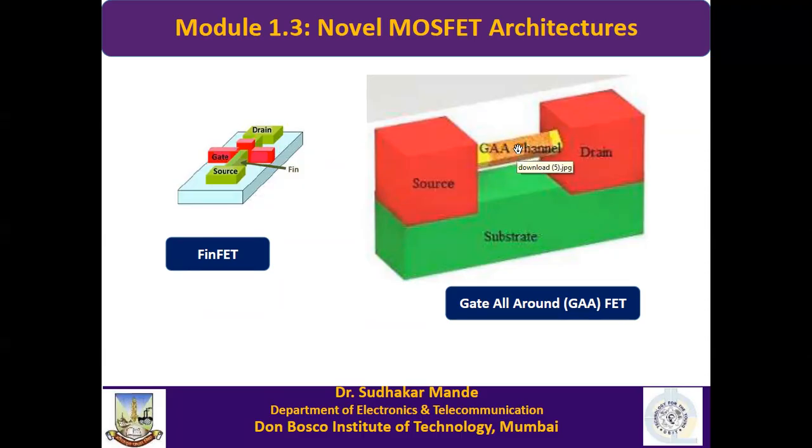If there is a gate all around the channel, it means the gate is controlling the flow of electrons or charged particles from source to drain, and its control will be there from all the sides. Therefore, we get better leakage current, meaning very low leakage current, and high saturation currents. That's the advantage one can get from the gate all around MOSFET or FET.